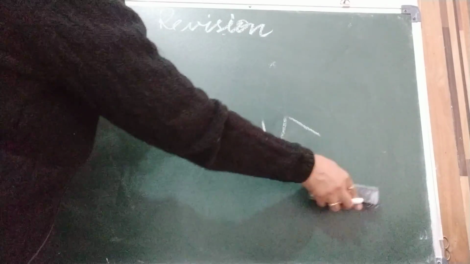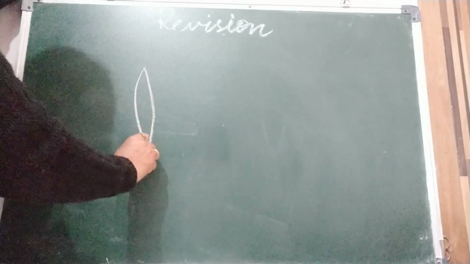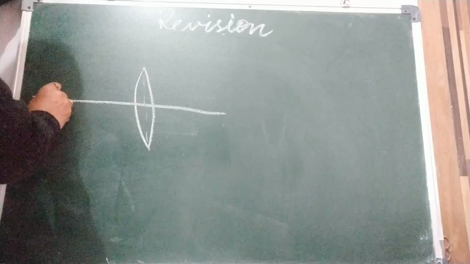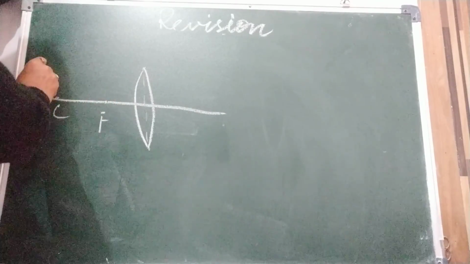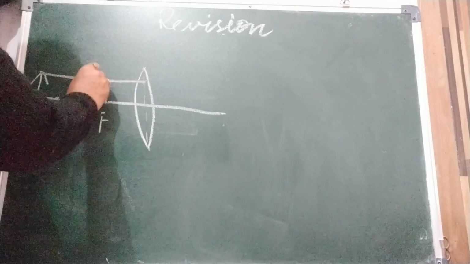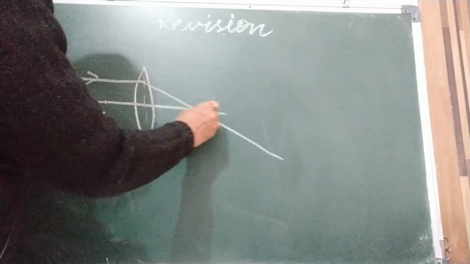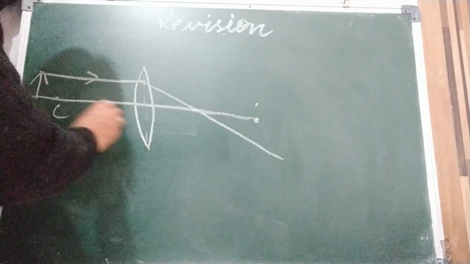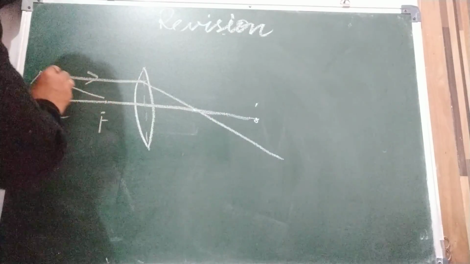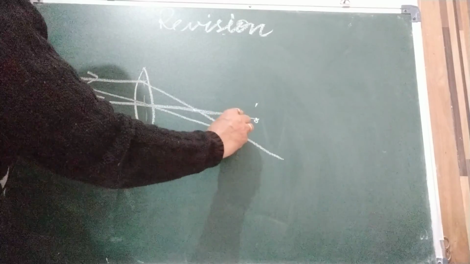Now children, second we are seeing when the object is beyond C. This is C, F. When the object is beyond C, the ray goes parallel, then passes through the focus. The other ray passes through the optical center and will meet here.